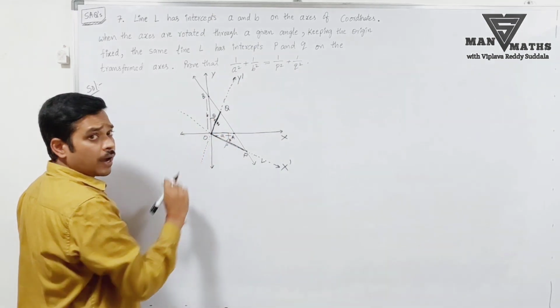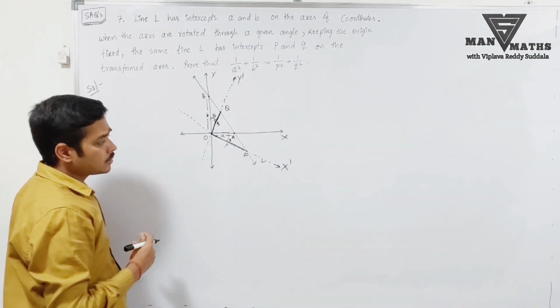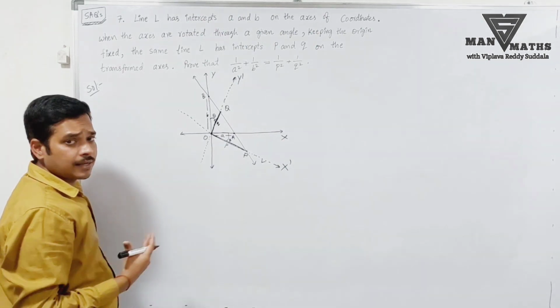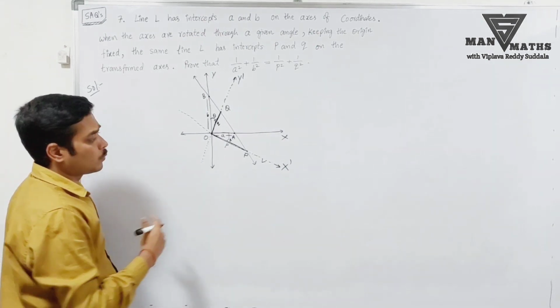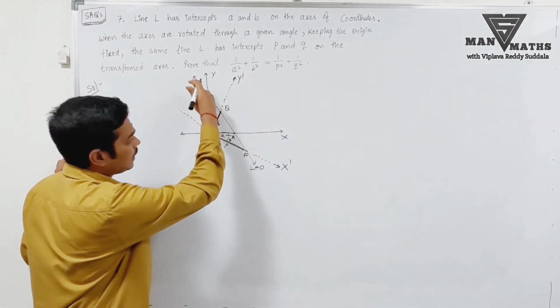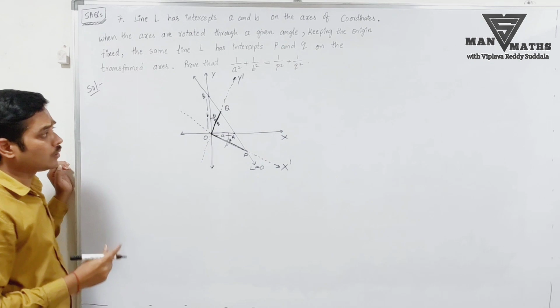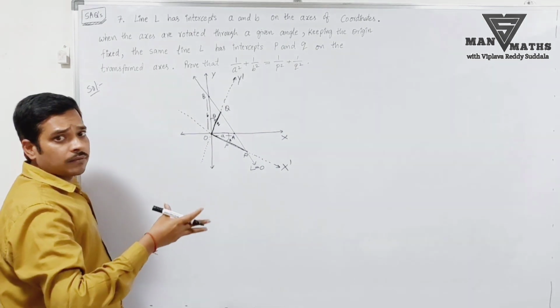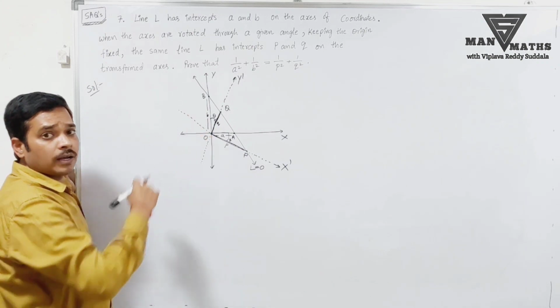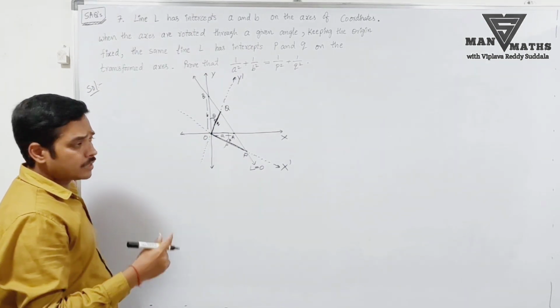Before and after rotation of the axes, the position of the origin did not change, and the position of the line also did not change. Only the directions of the x-axis and y-axis are changed.